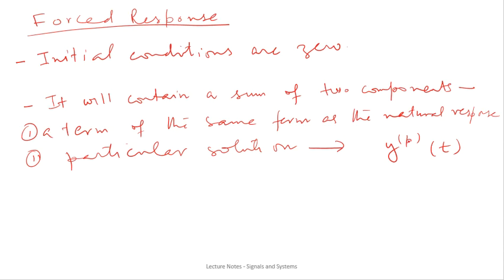For example, for a discrete time system, if the input is x[n] equals alpha raised to the power n, then we can assume the output of the form y_p[n] equals c alpha^n. Then we just find the constant c such that this y_p[n] is the solution to the system's difference equation.